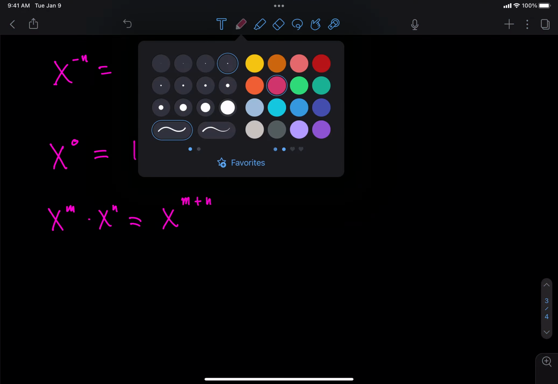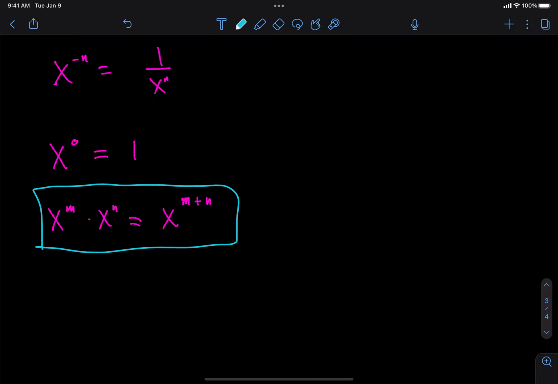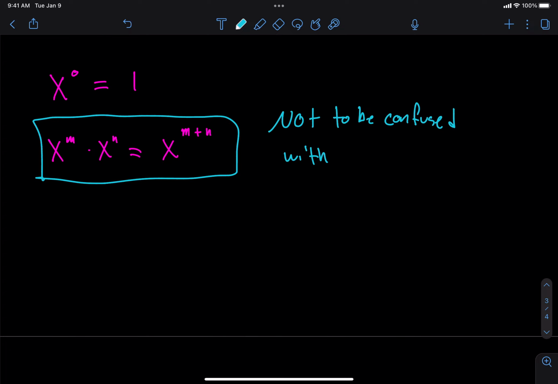Not to be confused with this rule: x to the m, to the n. Not to be confused with x to the m times x to the n. What do I get when I do that? I multiply the powers, okay?